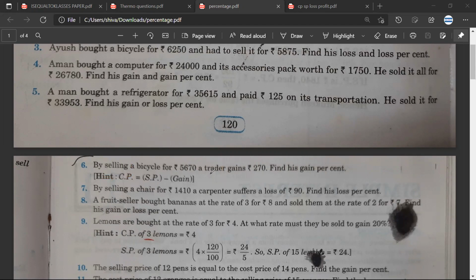Mr. Sarthak, see, here what we are given is the selling price. The selling price is 5670. And what we are told is that he has gained 270. So we know that gain is equal to selling price minus cost price. Sarthak, do we agree to this? Yes, sir.